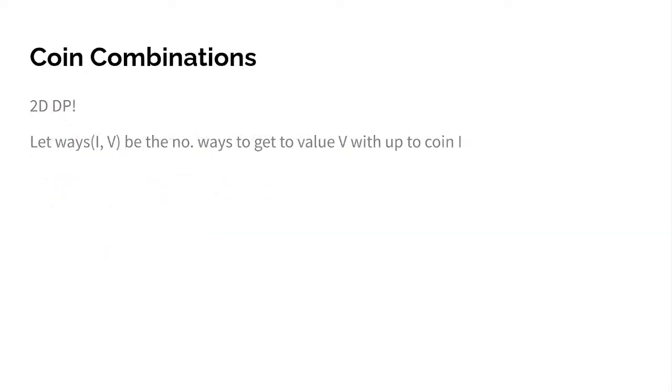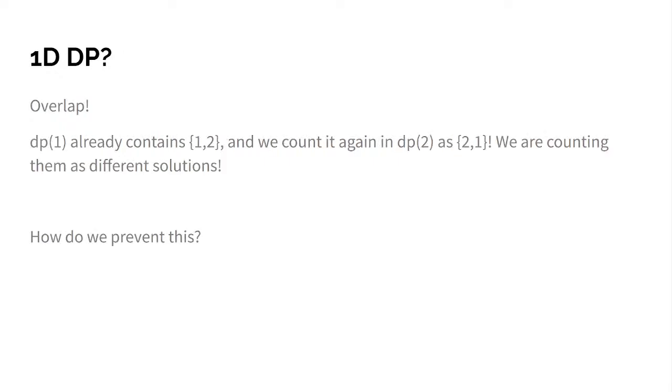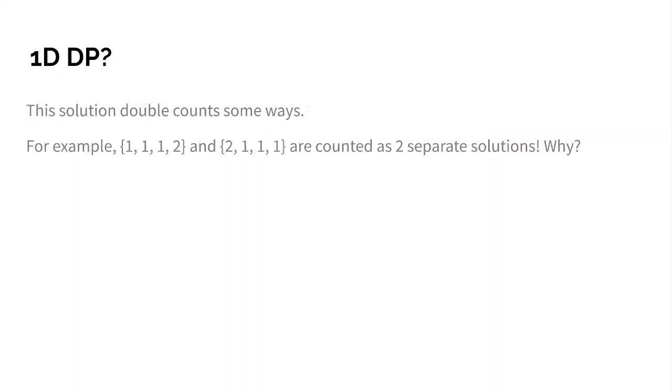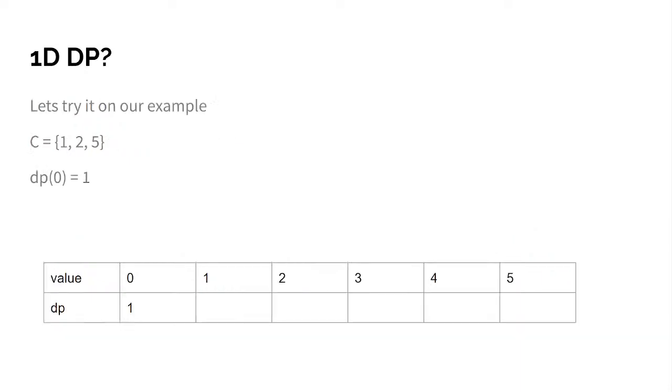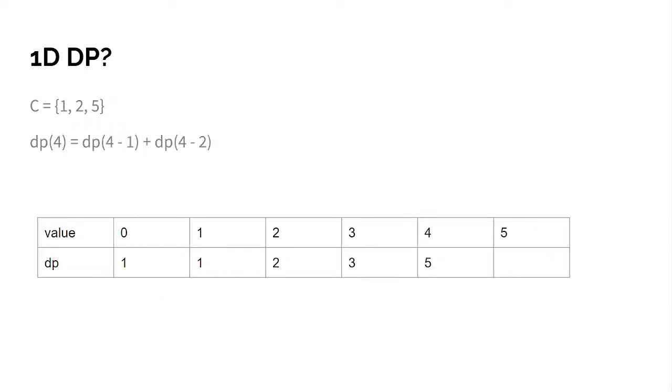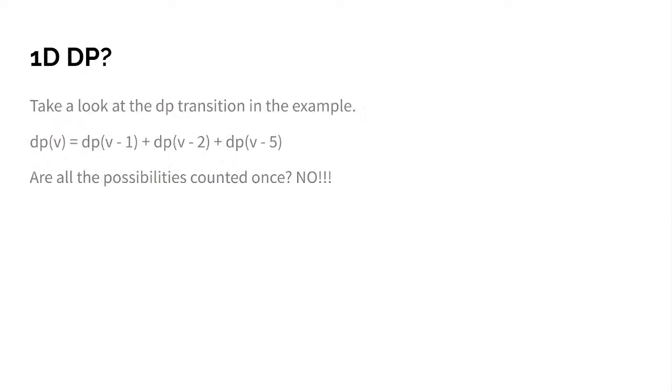So if we're trying to find DP5 and our coins are 1, 2 and 4, and we want to find how many ways to form 5 cents, we can go back 1 step, 2 steps or 4 steps. So DP5 equals DP4 plus DP3 plus DP1. That's our old solution, but because this solution will count things repeatedly, we can't use it in this case. So we're going to have to do 2D DP.